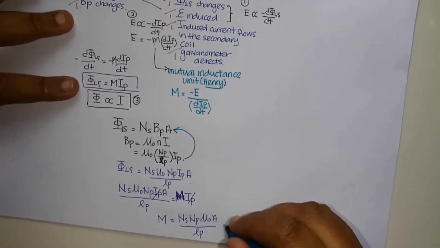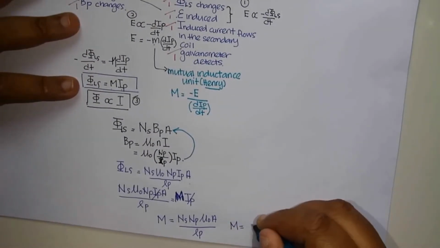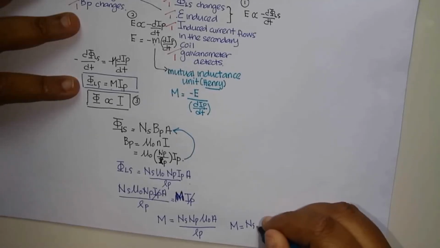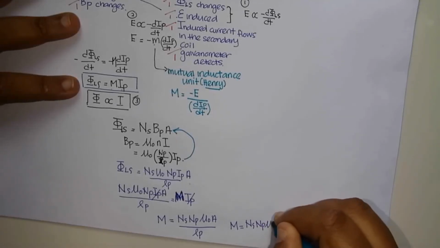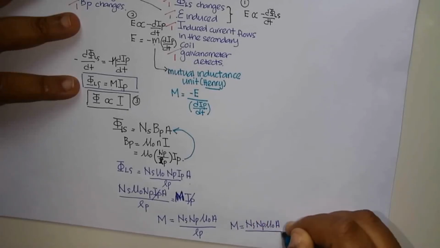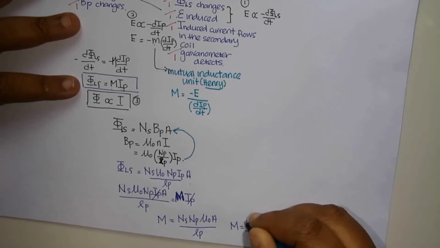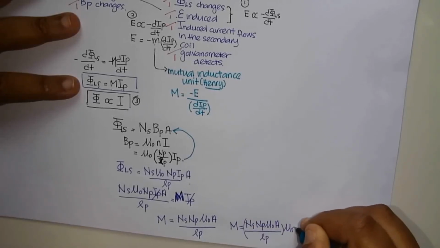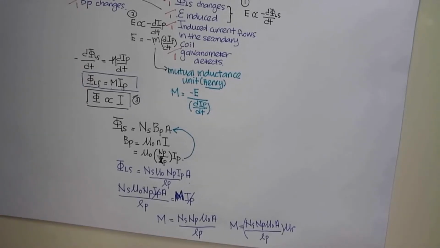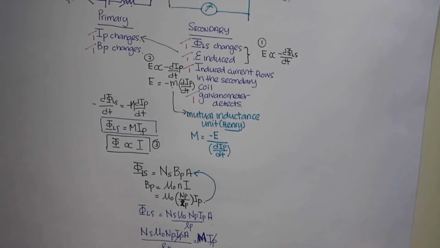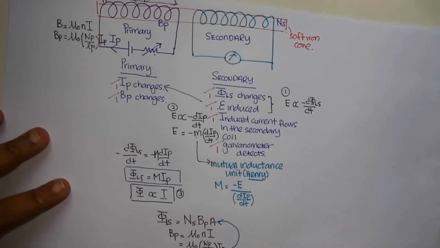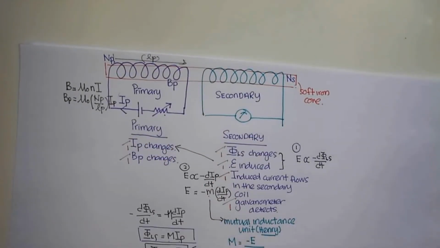So my mutual inductance formula will be M equals NS NP mu naught A over LP times mu R, where mu R is the permeability of the soft iron core. I showed the concept of the phenomenon of mutual inductance based on this example.